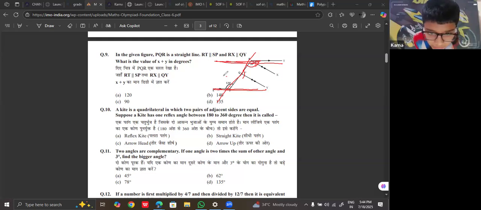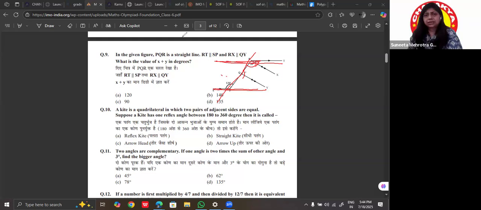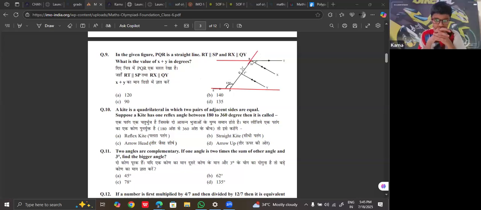Shall I erase that? Yes, ma'am. These two lines are parallel and this is the transversal.